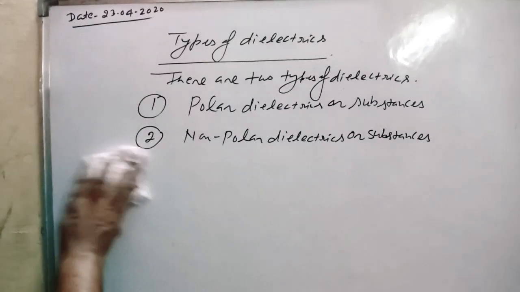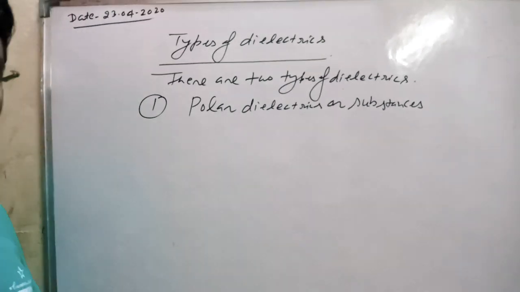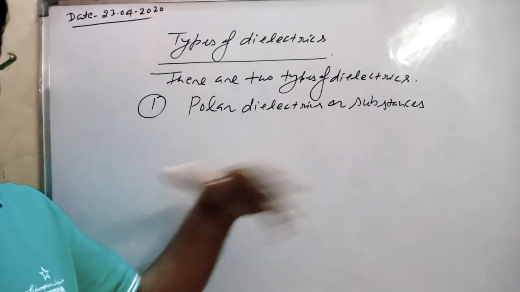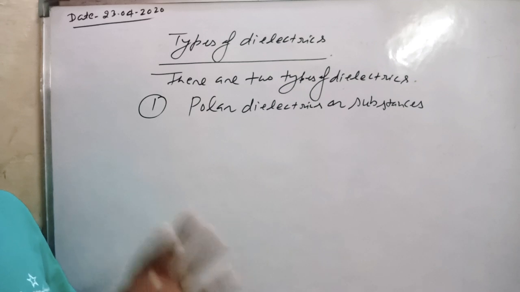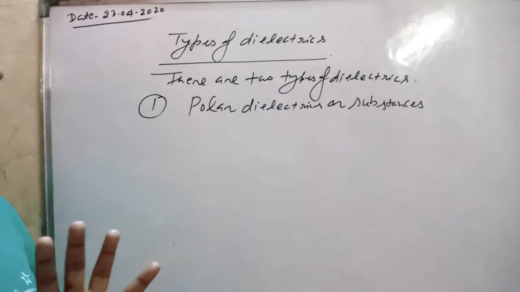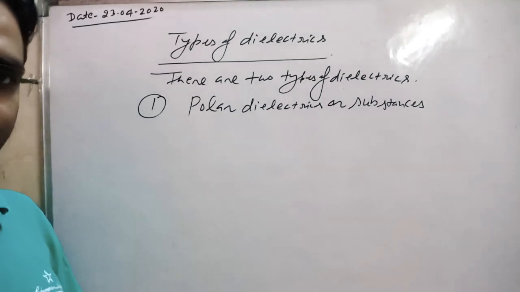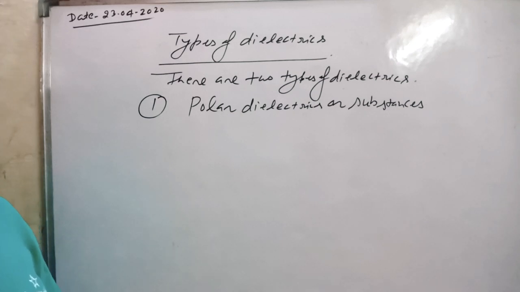Now here we study the concept of polar dielectric. Polar dielectrics are those substances in which the center of mass of positive charge and the center of mass of negative charge do not coincide in molecules.